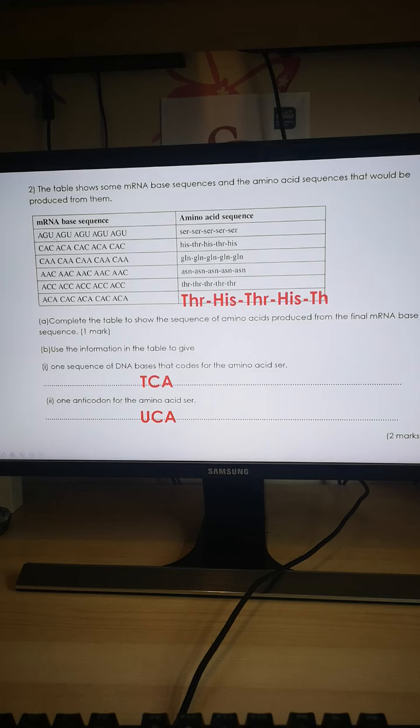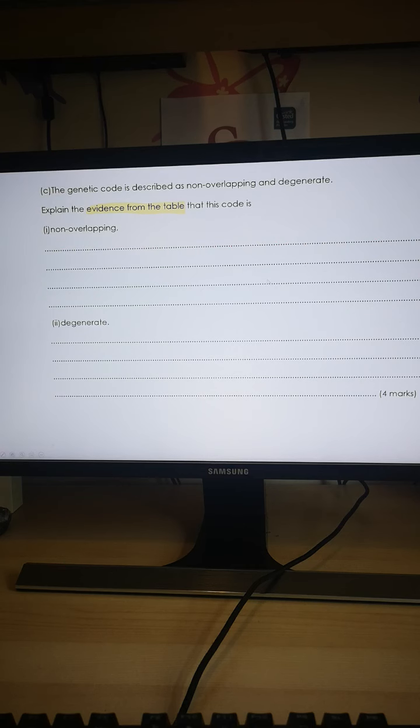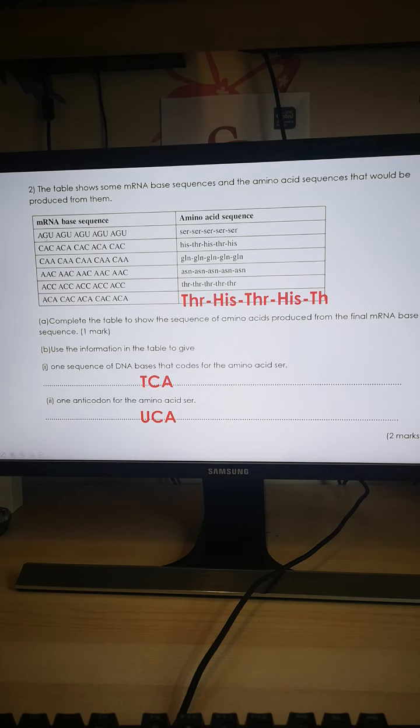If it was read in a different way, so if it was read GUA, UAG, then you wouldn't just have SIR. There'd be other amino acids coded for as well. Or we could pick this one here.